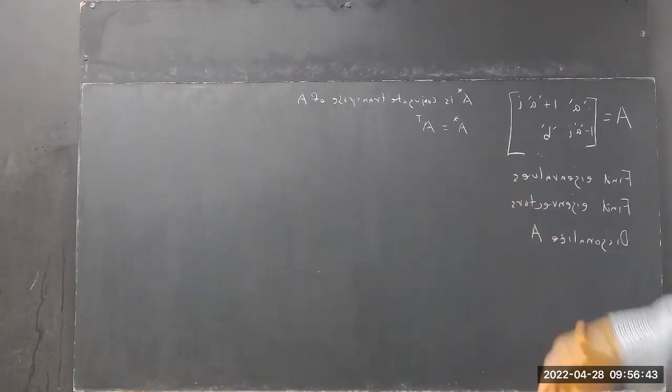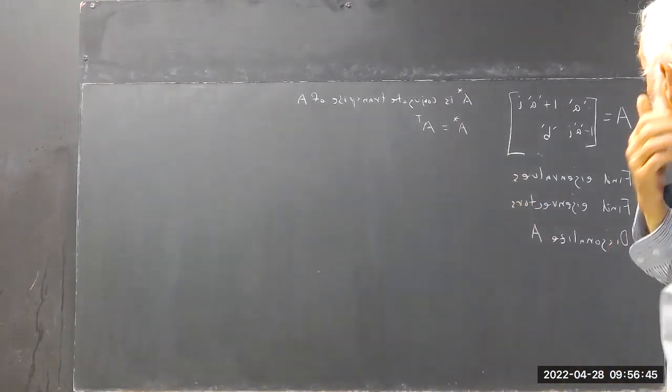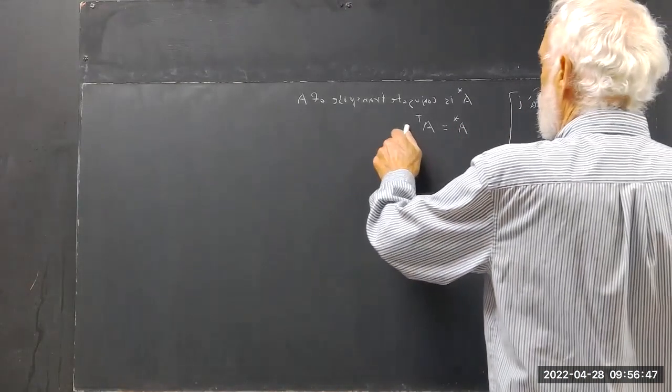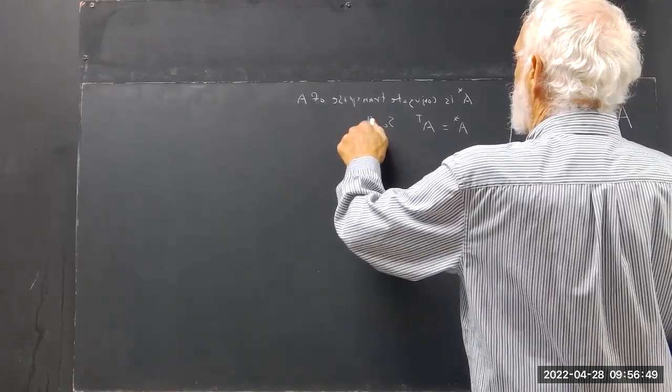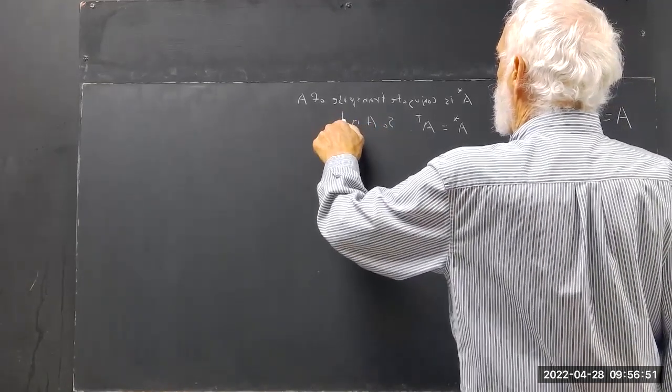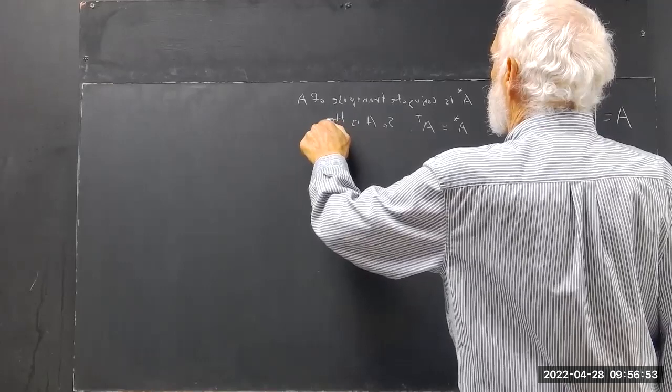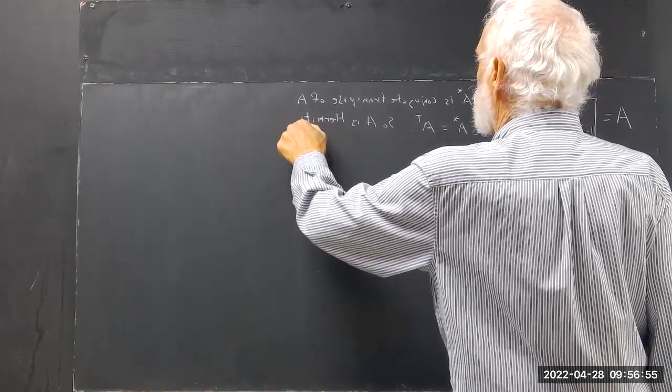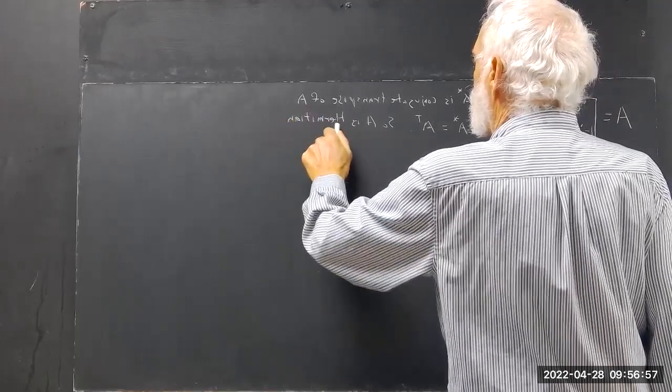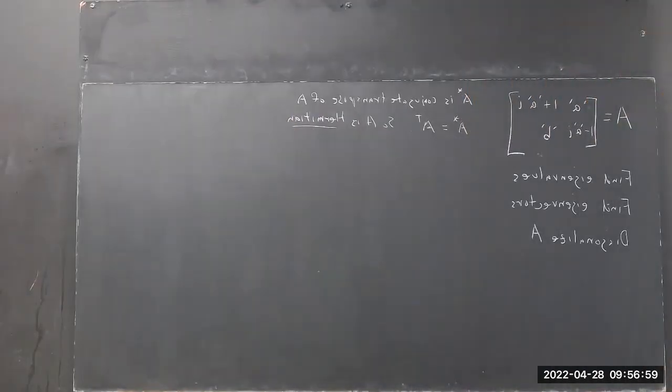Okay, that's important. We say A is Hermitian.